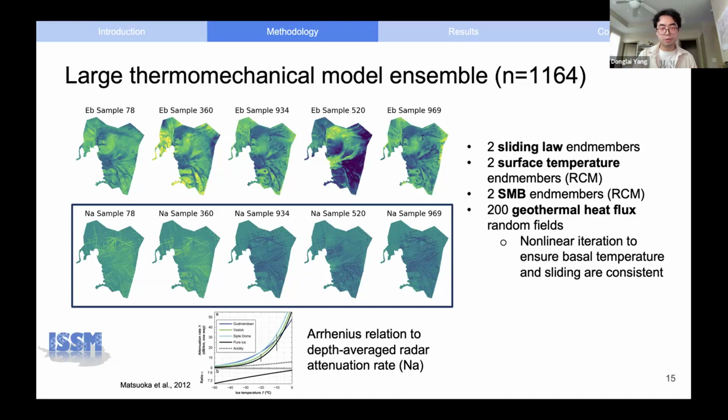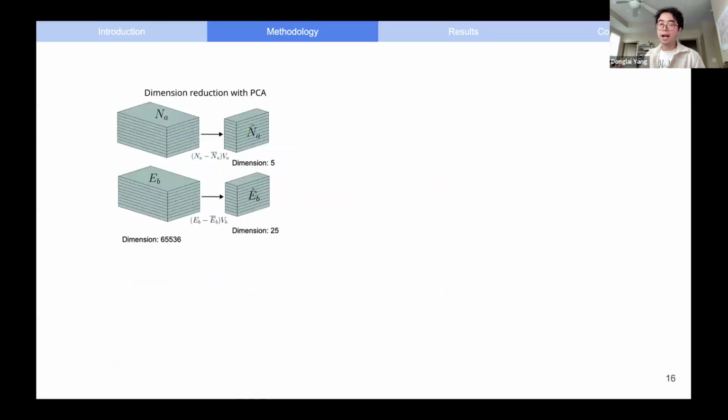Now the task is to really understand the joint probability of these two variables, right? The depth average attenuation rate and basal enthalpy, over the entire drainage basin. This is a very high dimensional problem. For example, a single drainage basin map has over 65,000 vertices. You cannot estimate a joint density over 65,000 dimensions. But what you can do is use some kind of reduced order modeling.